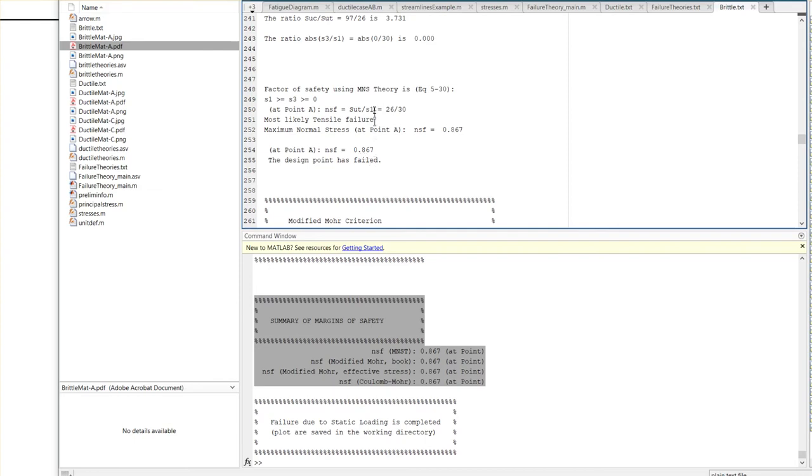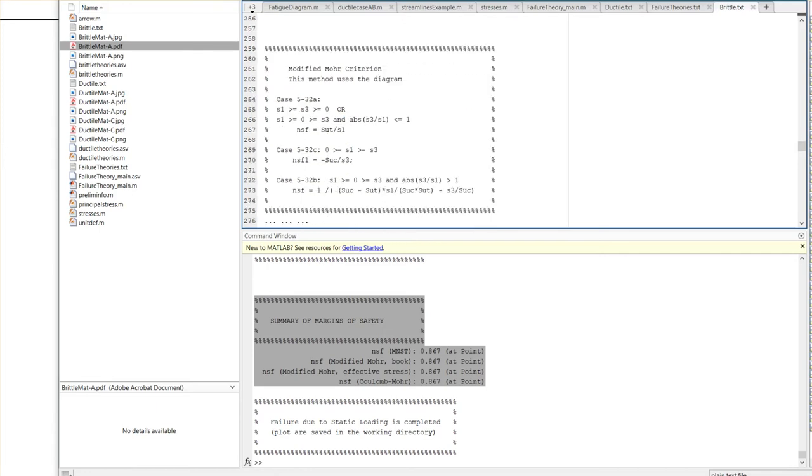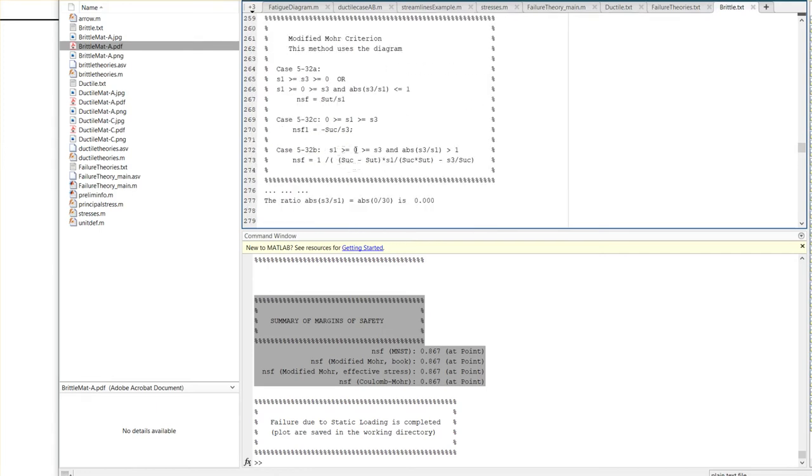So that's the case that we use, tensile. SUT divided by this gives you 26 divided by 30. You can see the stress exceeds this value, so it's 0.86. And for the modified Mohr, basically either they're all positive, they're bounded, or they're all negative.